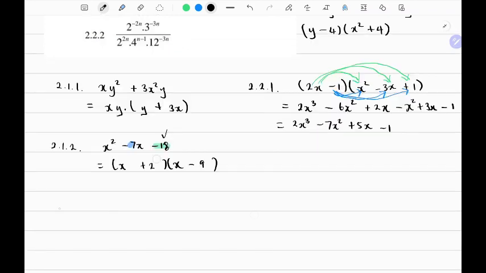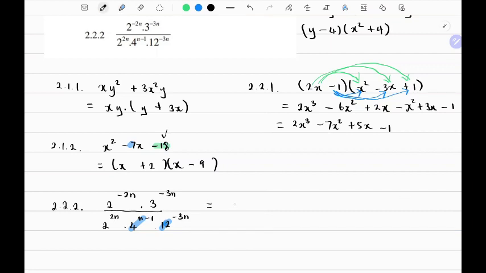And then 2.2.2. So if we analyze this expression as a whole, in the denominator you can see that 4 is an exponent with base 2, and we can restructure 12 as a product of 4 and 3. So we can rewrite this expression as follows.